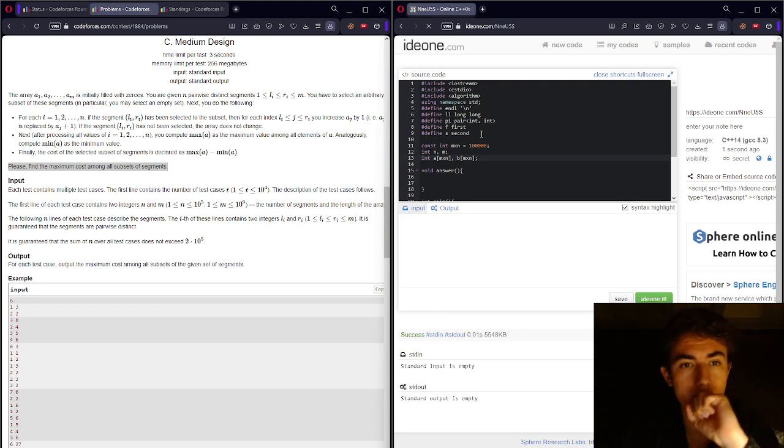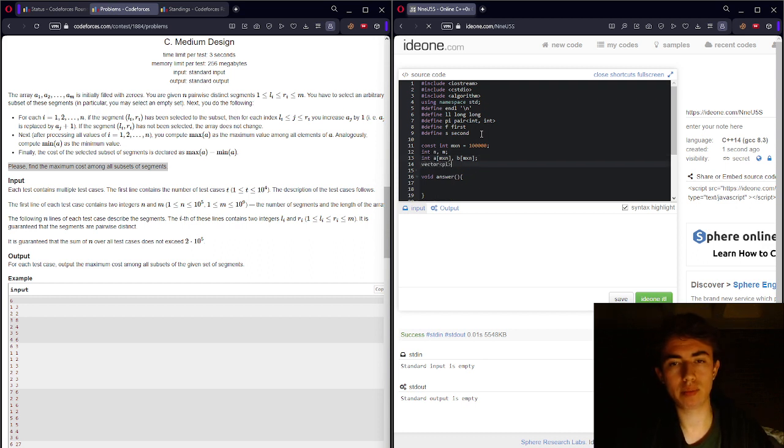Have a vector of pairs, something like this.